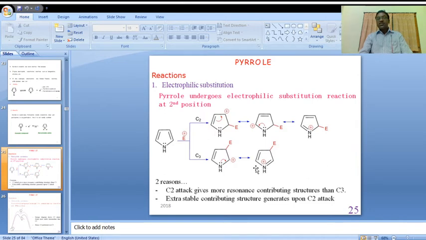From this, we cannot produce another structure. These are the two contributing structures.